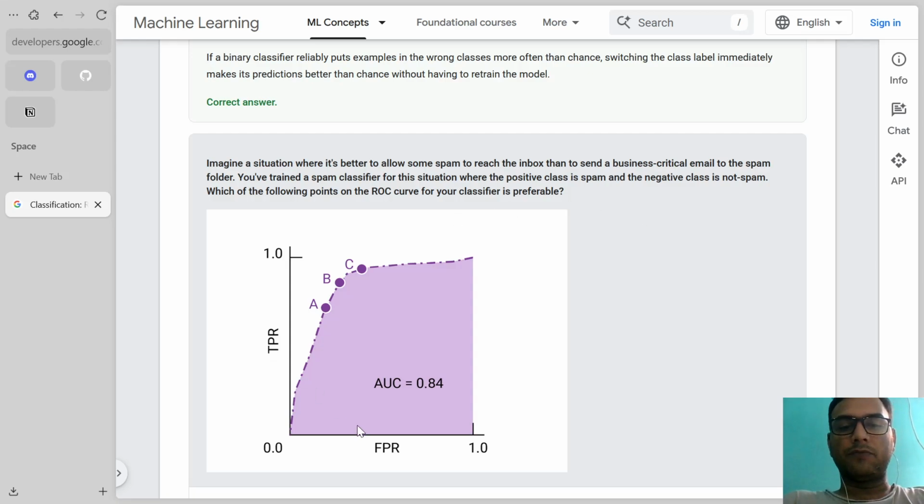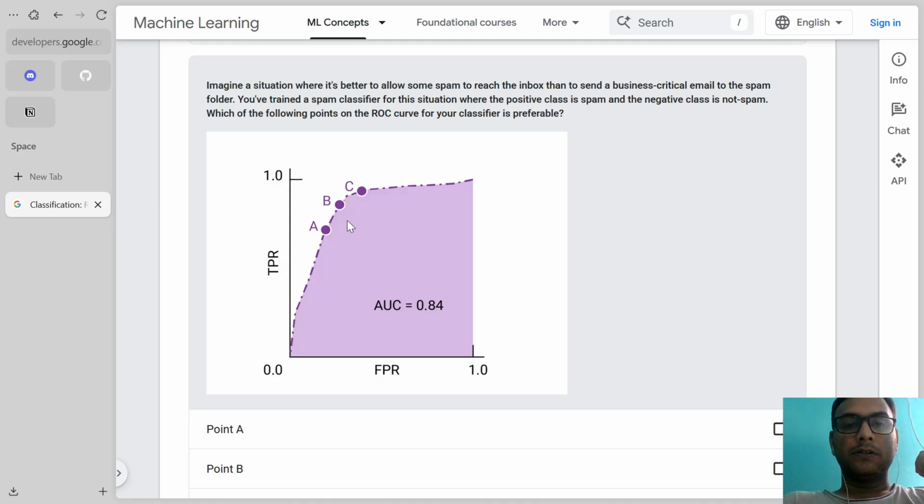This situation is given to allow us to judge which is more costly, the TPR or the FPR. In this case, I think it is the FPR that is more costly, because it is about sending a genuine email to spam. So the highest point would be C or B.